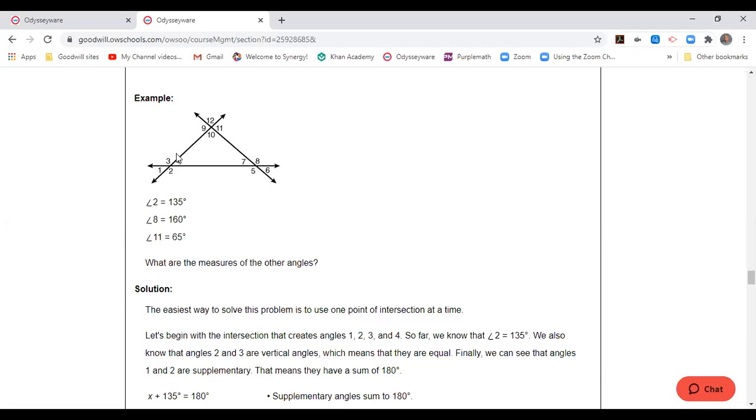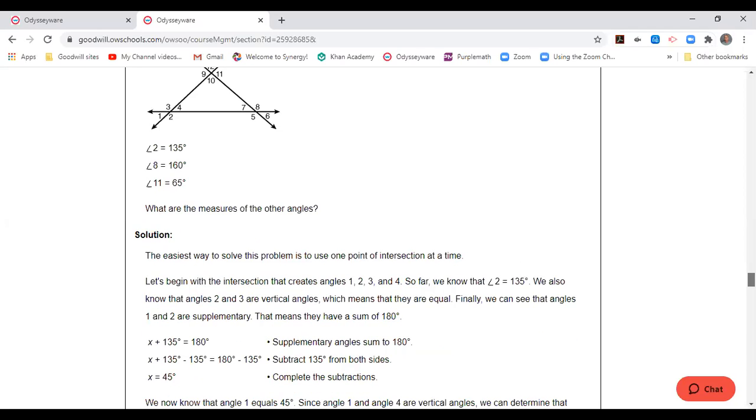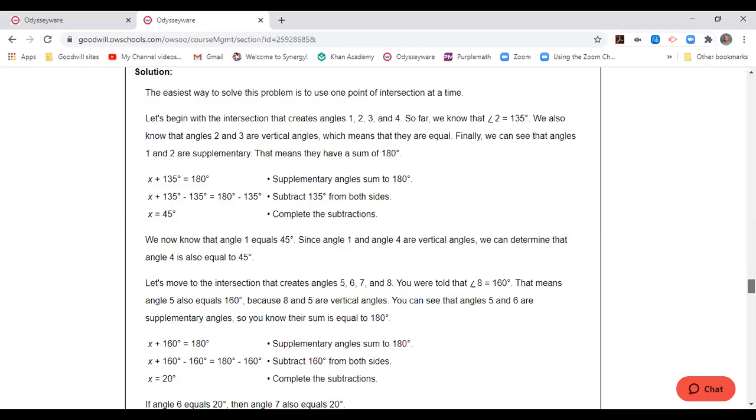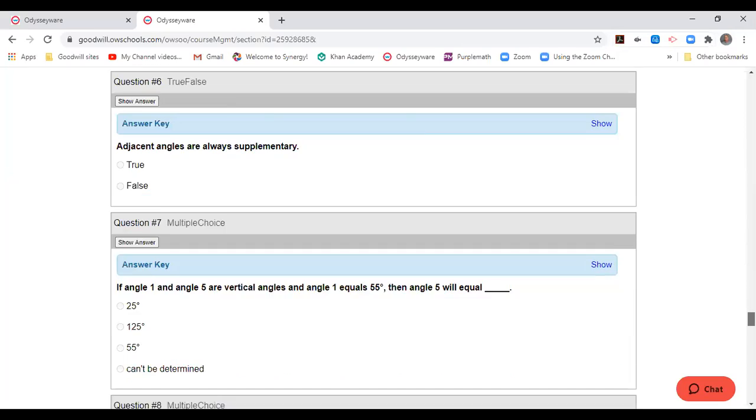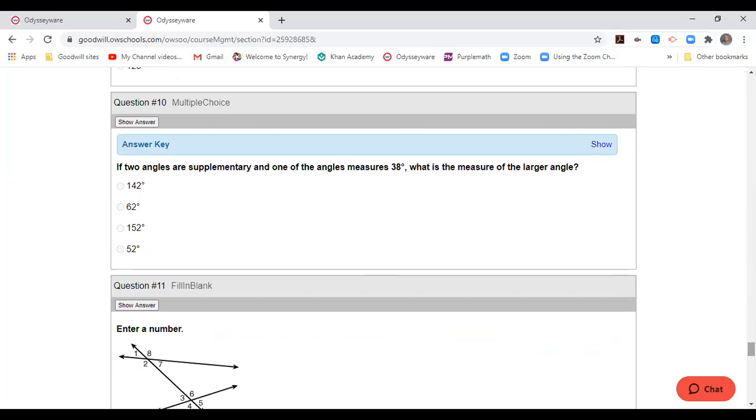Here you got angle 2 in this group, angle 8 over here in this group, angle 11 in this group, so it's exactly the same as if you just did one of those groupings individually. It's all the same process. Vertical angles and supplementary angles. So quite a few questions about that.